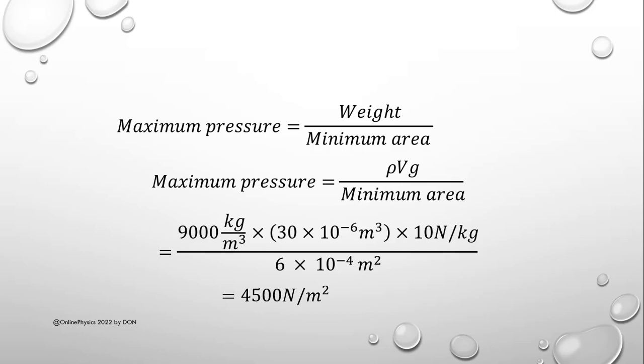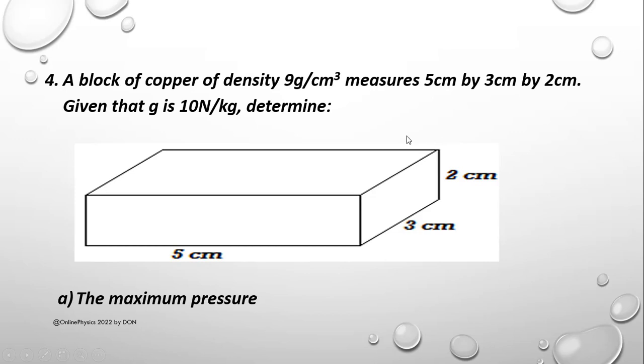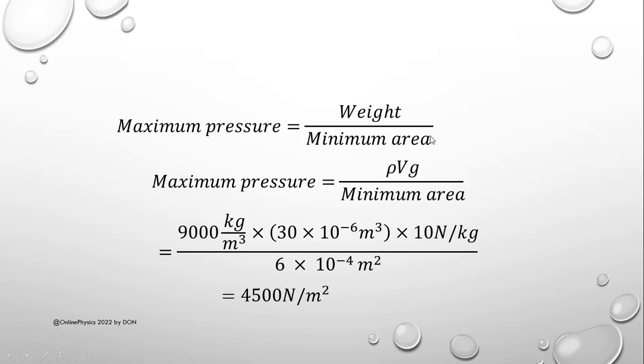We have already been given the density, which is 9 grams per cubic centimeter, and we have the measurements here, which are going to help us get the volume. So in that case, we are having rho Vg. Rho is density, V is volume, then g is gravitational pull.